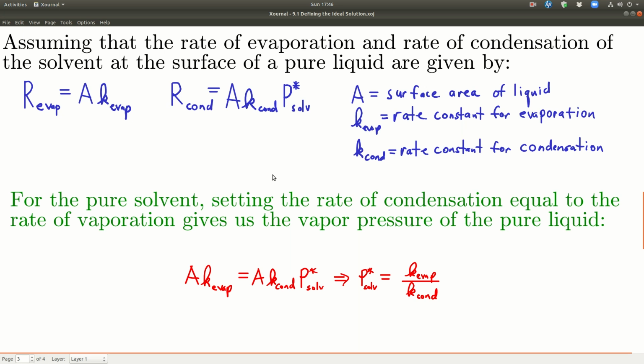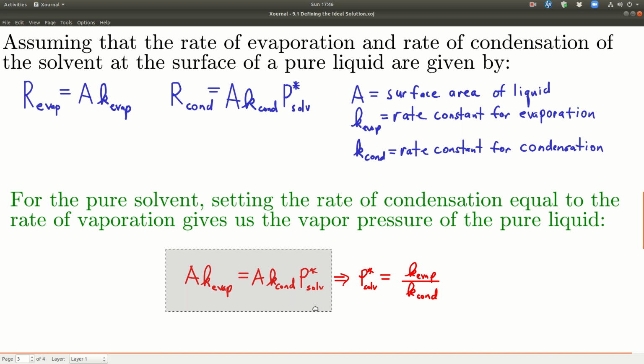So at equilibrium, the rate of evaporation is equal to the rate of condensation. So we set these equal to each other, and that means we get this equation right here.